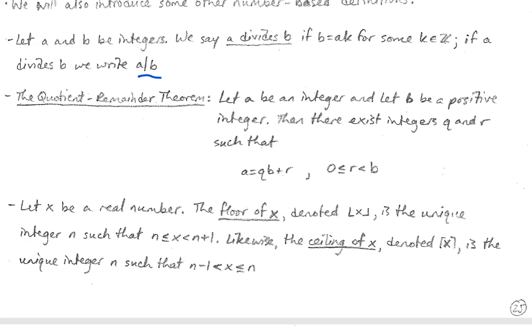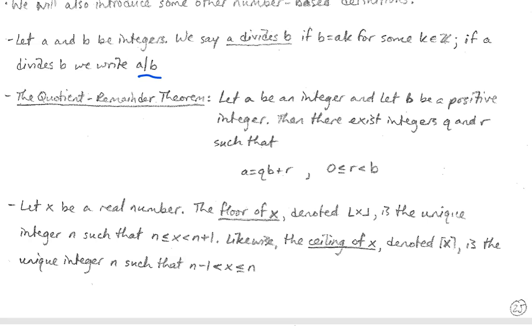So case in point, again, say x was 3.5. My apologies, let me back that up. The ceiling of x is the least unique whole number n that is greater than or equal to x. So once more, let me clarify.